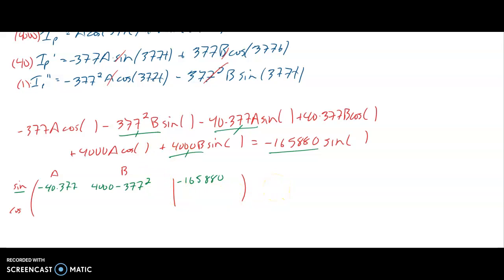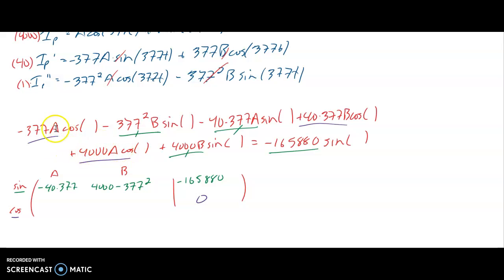Now I'll switch to purple. For the cosines, I've got this, and this, and this, and then there's nothing on the right side, so I got a 0 there. Let's do the A's first.